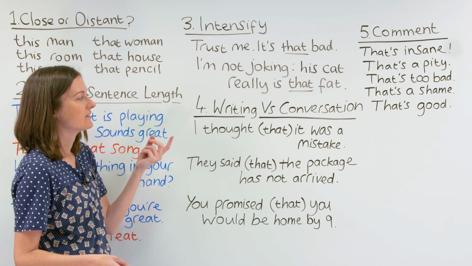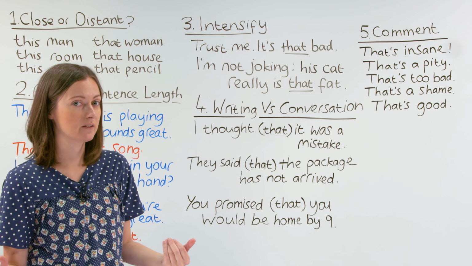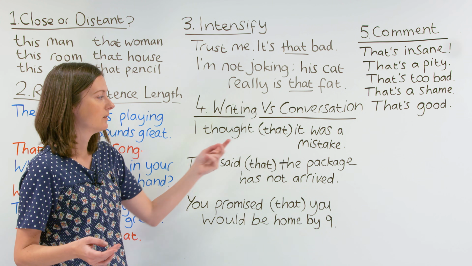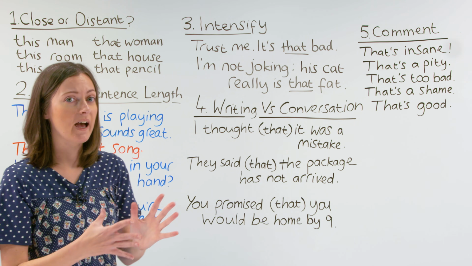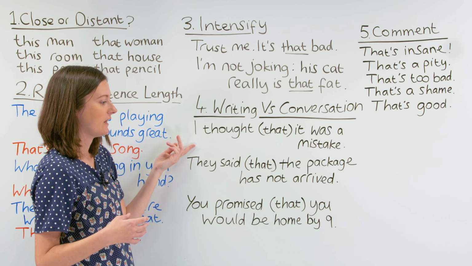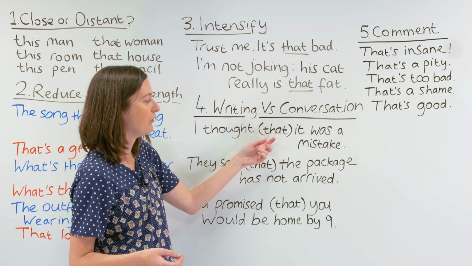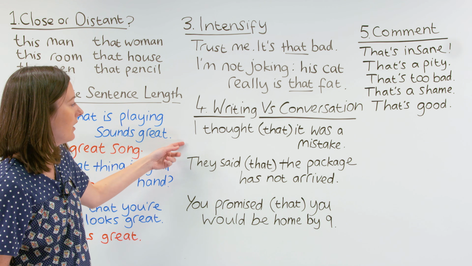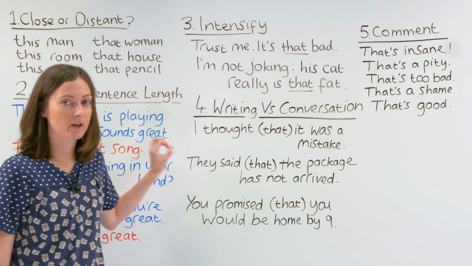Next use of "that" is the difference between writing and conversation. In conversation, we don't always say the word "that," whereas in more formal writing, we often will write "that" in the sentence. I thought that it was a mistake. That's what I'd write.